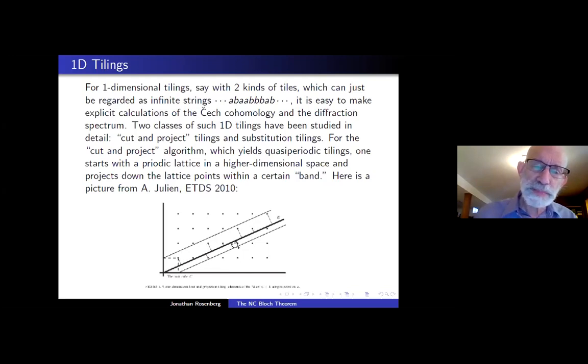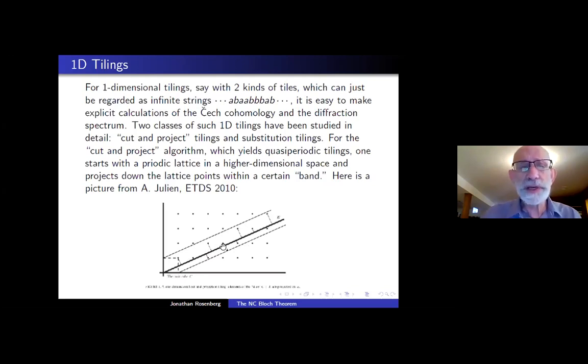And then you look at all the lattice points inside that strip, and you project them down orthogonally onto some subspace, which in general is sitting inside there at some kind of irrational slope. So we take these points that are inside the band and we project them down. First we cut down to what's in the band, and then we project onto the subspace. And then you see that they're arranged in something that looks almost periodic, but it's not, because of the fact that the slope could be irrational here.